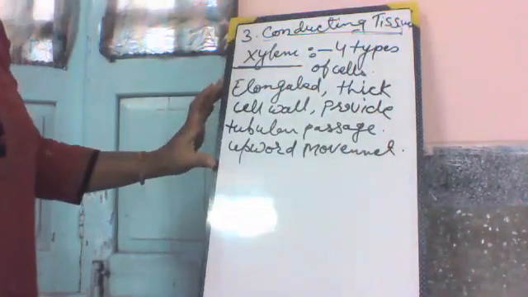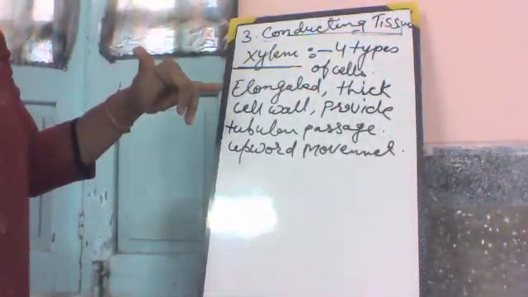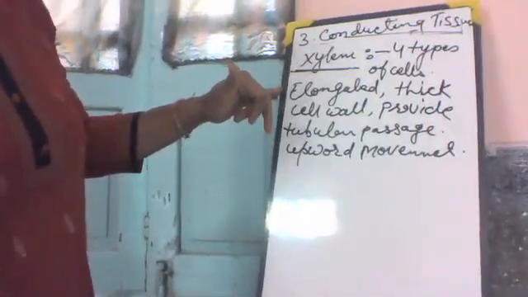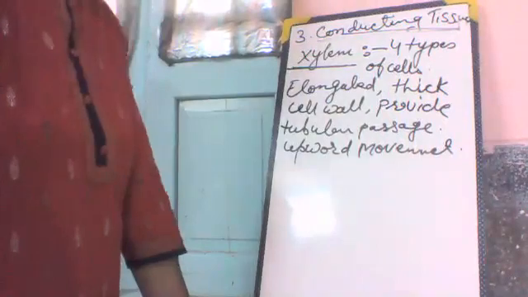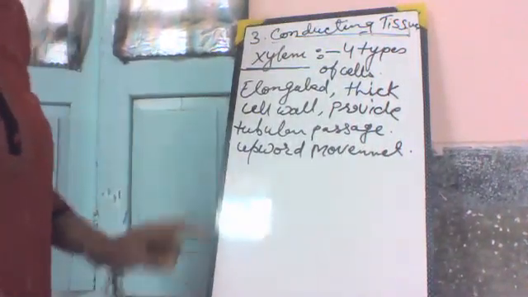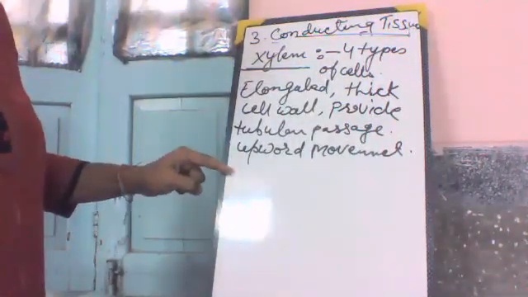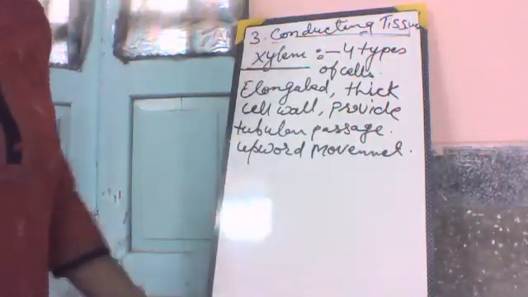These are the characteristics of xylem cells. They are elongated, having thick cell walls and providing a tubular passage because these cells are attached end to end, and these cells are responsible for upward movement. They have only one directional movement, unidirectional, and that is upward movement.